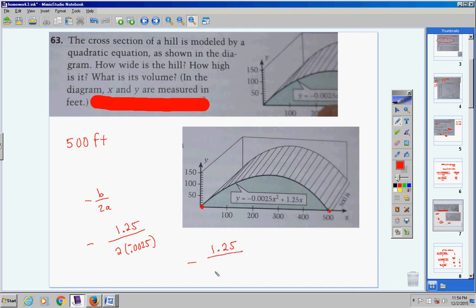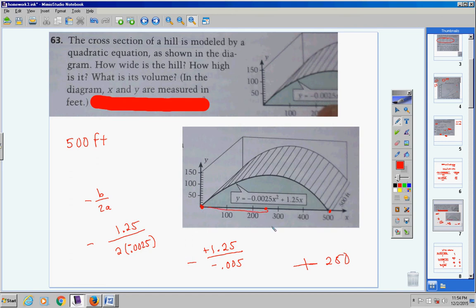In the denominator, it's negative 0.005. Alright, so I have a positive divided by a negative, which gives me a negative, plus I have another negative here. So my final number, when I simplify this, will be positive. 1.25 divided by 0.005 is 250. So I know I'm over 250.